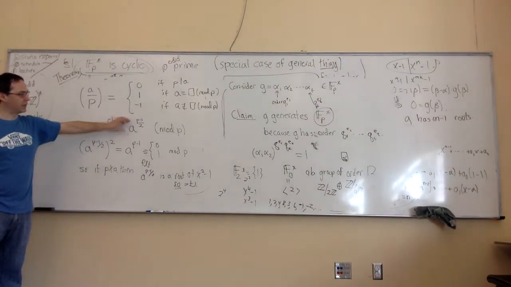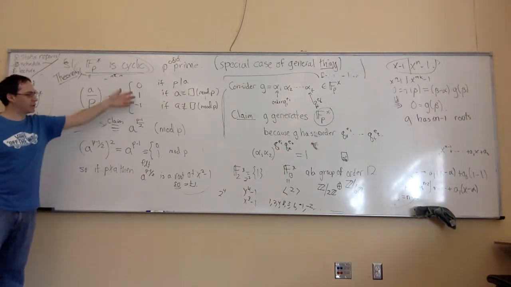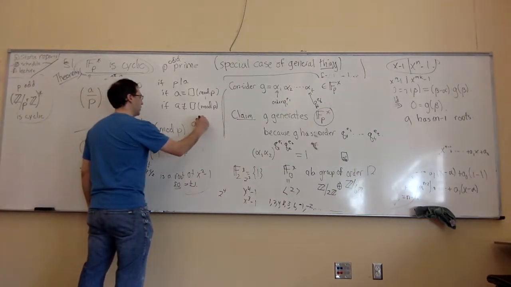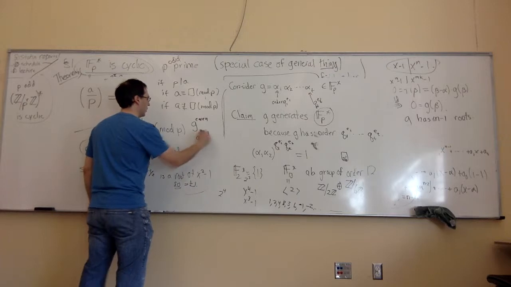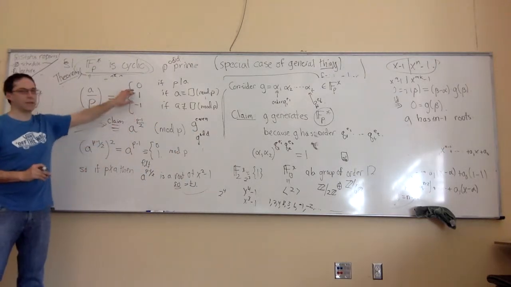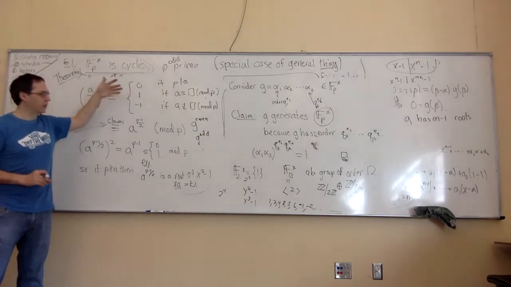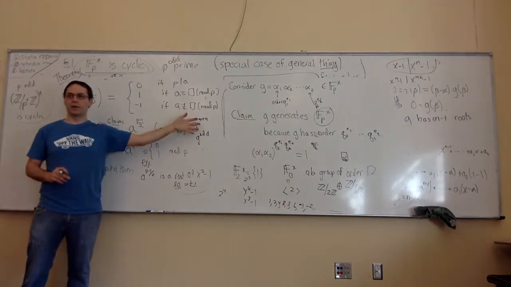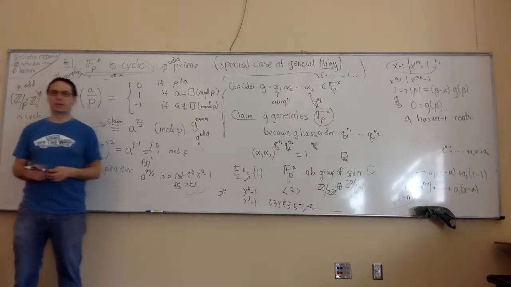If you look at this, you see that it holds for g to an even power or g to an odd power. It's very easy to directly check this statement when you're only checking it when A is equal to g to an even power or g to an odd power. It's just really straightforward to check.